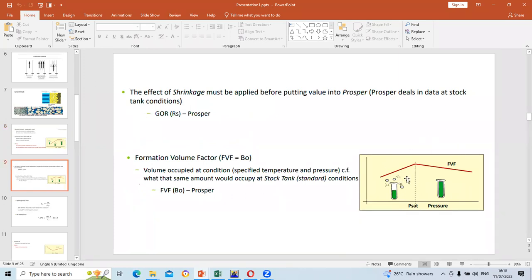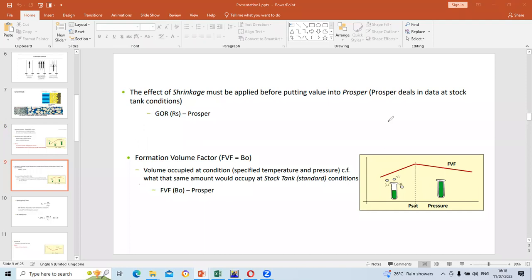Then another important aspect also is what we call the formation volume factor. What is the formation volume factor? It is the volume of oil at any reservoir condition divided by the volume at the standard condition.